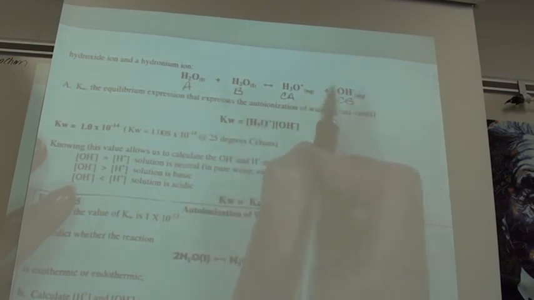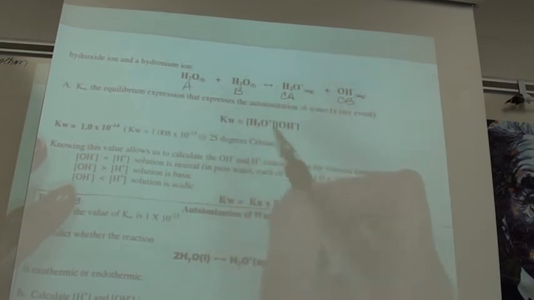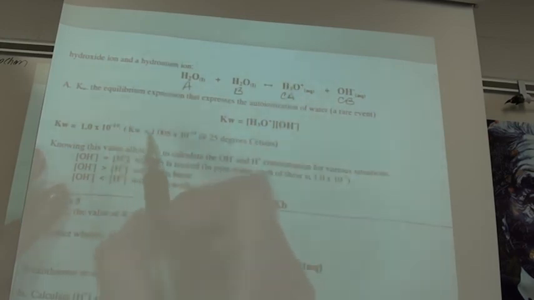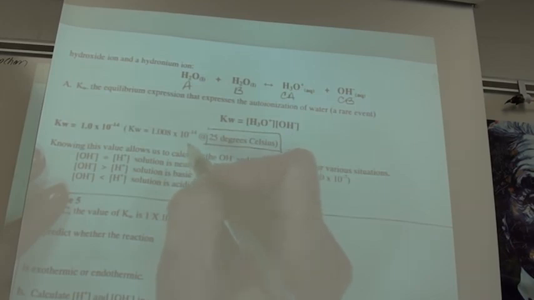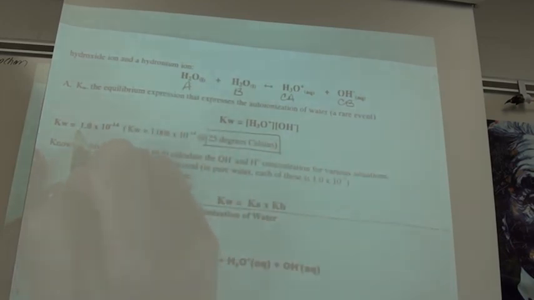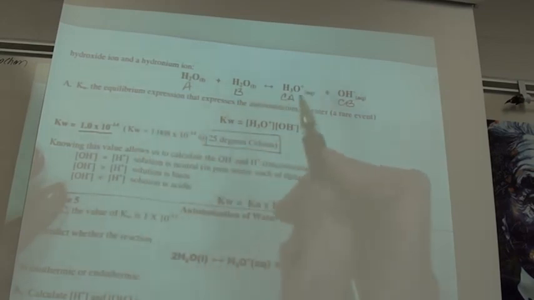Remember, these are aqueous, these are pure liquids, so they aren't in the expression, these are. So Kw is equal to the hydrogen ion concentration times the hydroxide ion concentration. At 25 degrees Celsius, under normal conditions, this is a constant number. It always equals 1.0 times 10 to the negative 14.